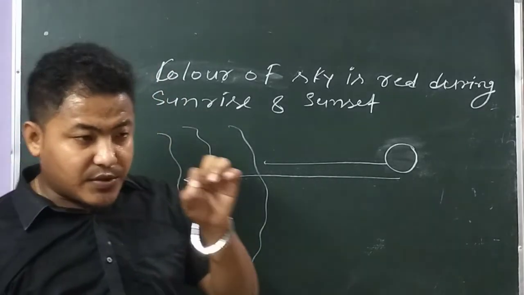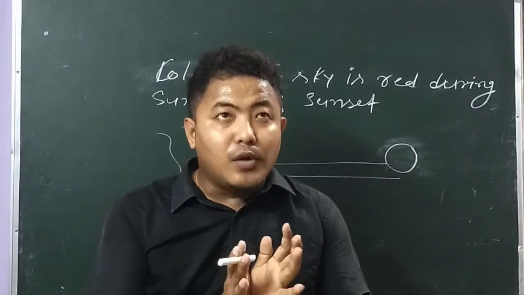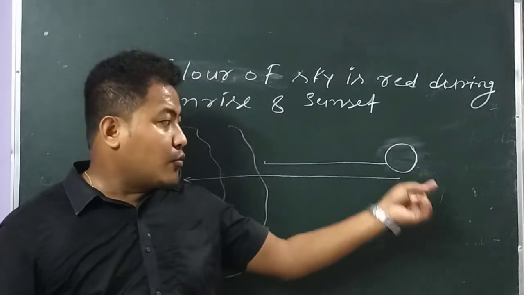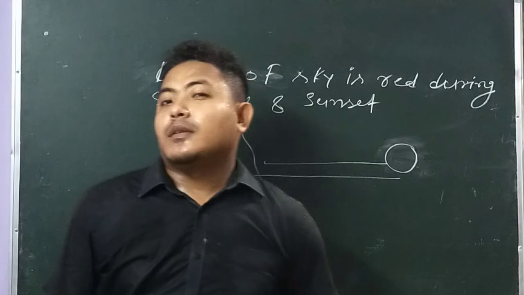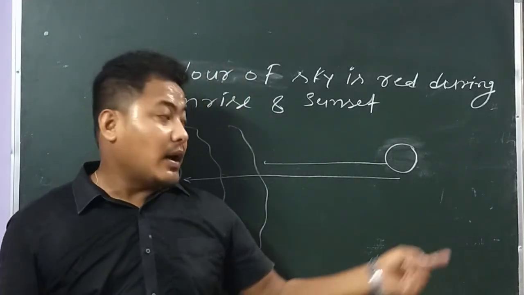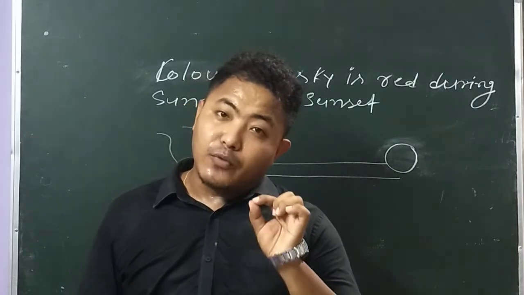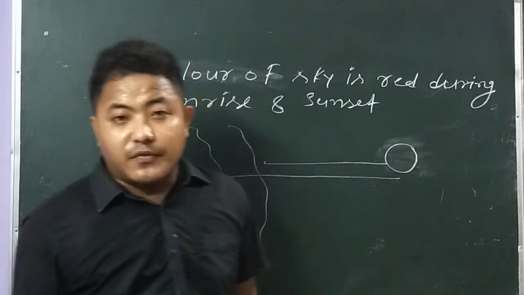That is why it does not travel the maximum distance, and that is why blue light comes to us, scattered more. And one more reason is that red and orange colors scatter less. That is also one more reason why we see the reddish color of the sky when the sun rises and sets. I think you have understood these things.